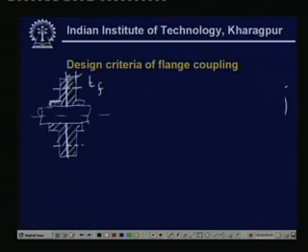Now, how is this calculated? This is calculated based on the principle of shear stress due to torsion.